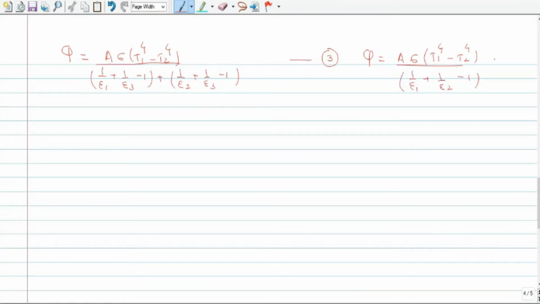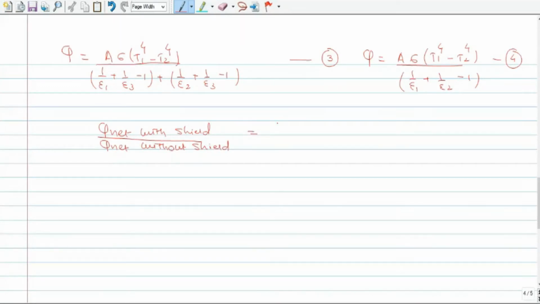Now I'm taking the ratio of equation number 3 and 4, so Q net with shield divided by Q net without shield.